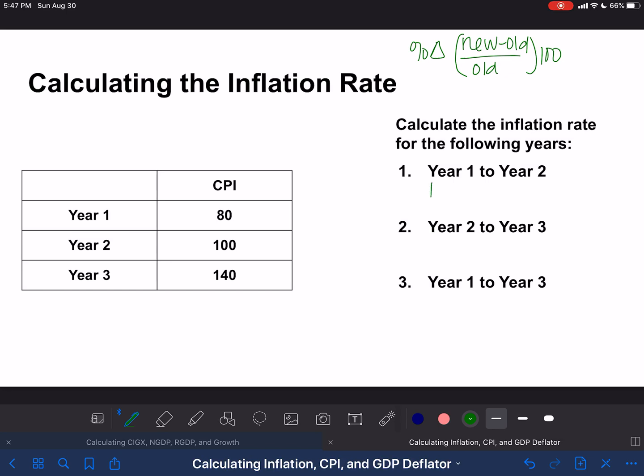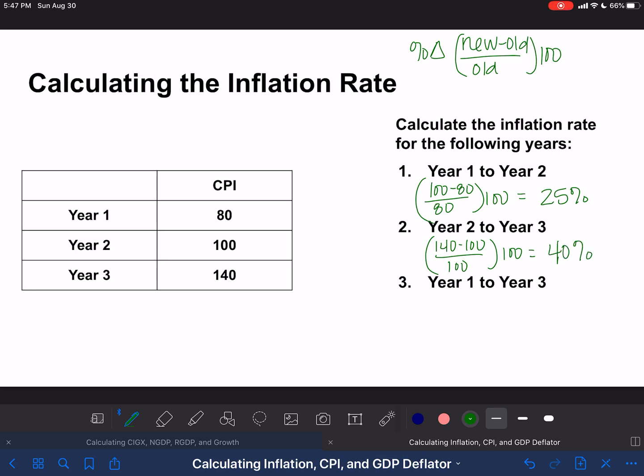It's going to be 100 minus 80 over 80 times 100 equals 25%. Then year 2 to year 3 is 140 minus 100 over 100 times 100 equals 40%.